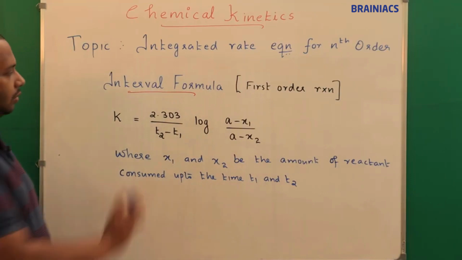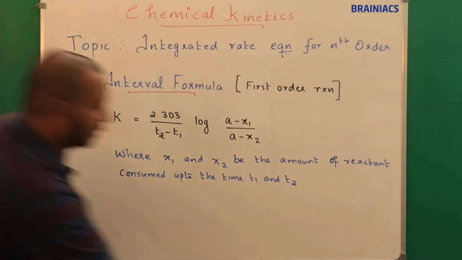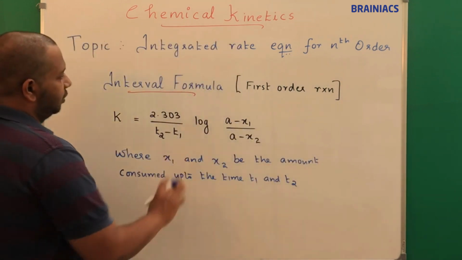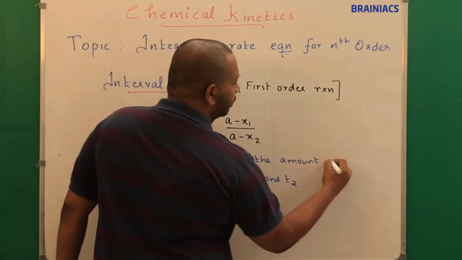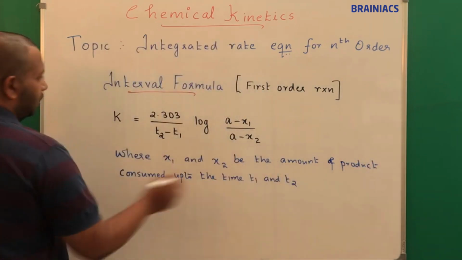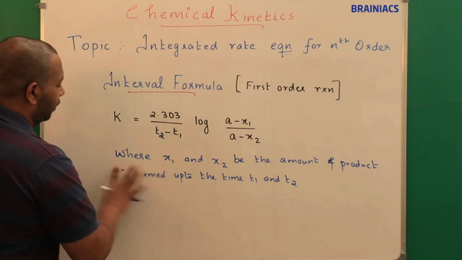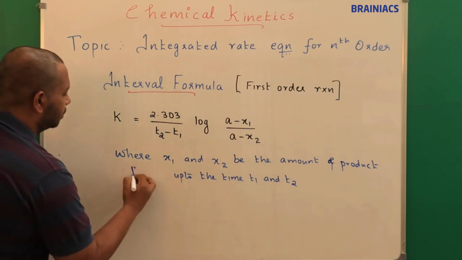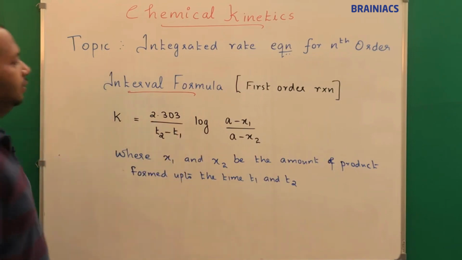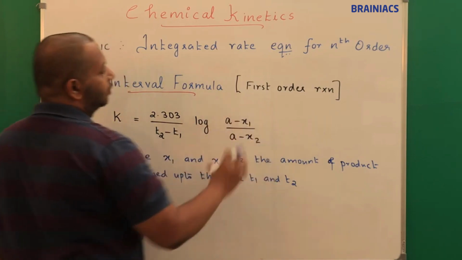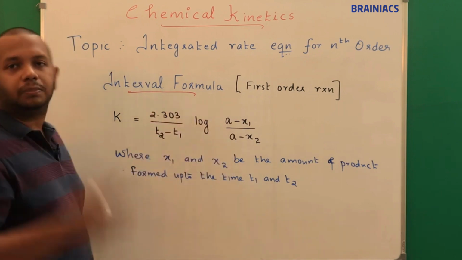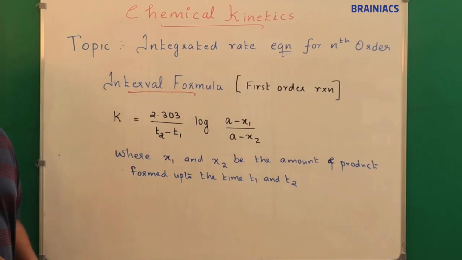Okay, so that is clear. But here I should not say reactant, because otherwise students will feel x1 and x2 is the reactant. No, I can say where x1 and x2 are the amount of product formed up to the time t1 and t2. That is more correct. I can say A minus x1 and A minus x2 are the amount of reactant remaining at the time t1 and t2. That is more meaningful. I hope now the interval formula is very much clear for you.